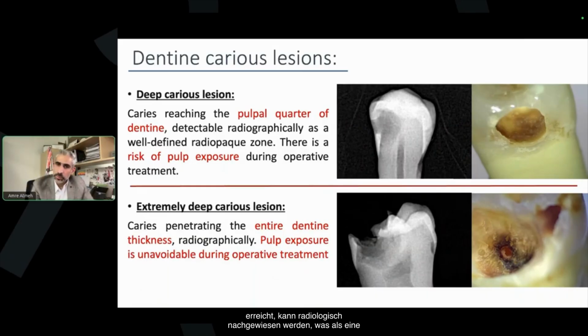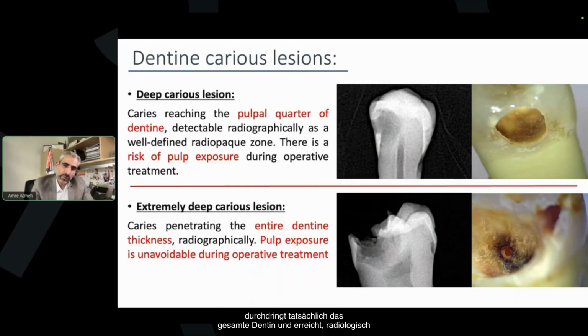The deep caries lesions, in which the caries is reaching the pulpal quarter of dentine, can be detected radiographically, appearing as an intact or well-defined radio-opaque zone just above the pulp space, between the lesion and the pulp space. So in these cases, you may anticipate that you might end up with sound or intact dentine, and you will not end up with pulp exposure.